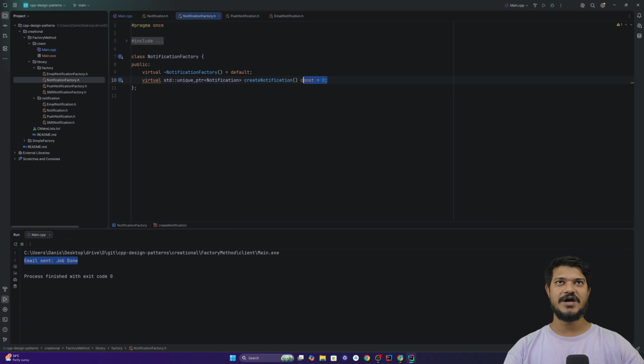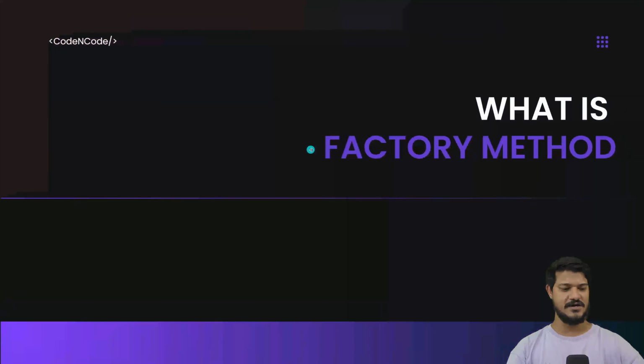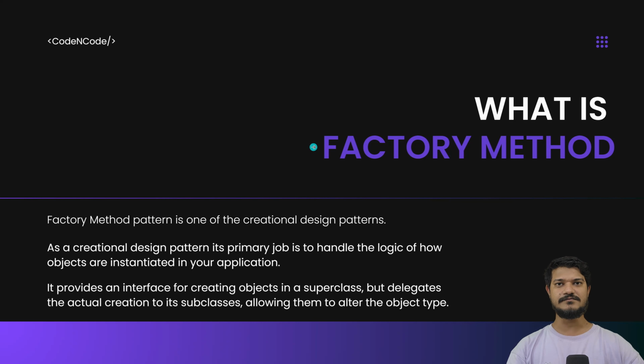This is a method which does the job of a factory, that means creation. That's why we call it the factory method pattern. For notification, if you want to instantiate different notifications, you create a notification factory and provide a method without the implementation. Do you remember we learned up here that it provides a method and delegates the creational logic to the subclasses?